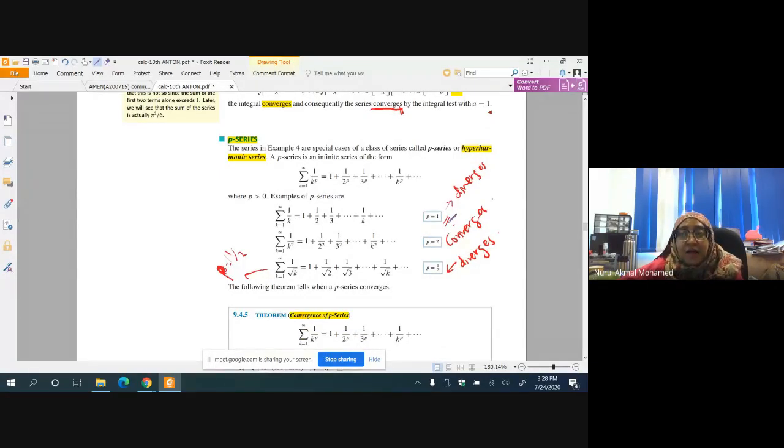You can use either one of the tests as long as you can make the conclusion. In the exam, you might face a question that does not mention the test, so you are free to choose any test that you want.